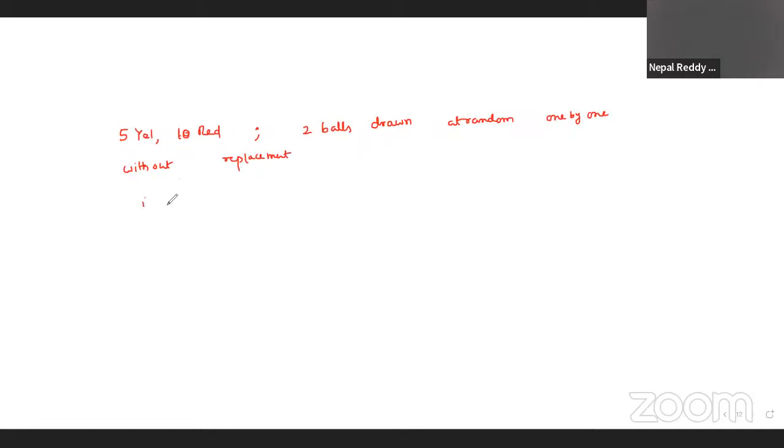The question is, both should be red. 1 by 1 we have to draw, first red, and after that again red. Already a red color is drawn, and from that you have to draw red color without replacement.